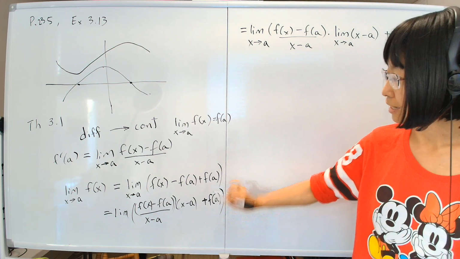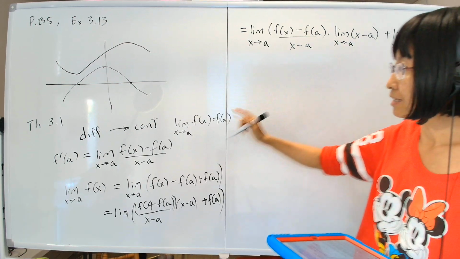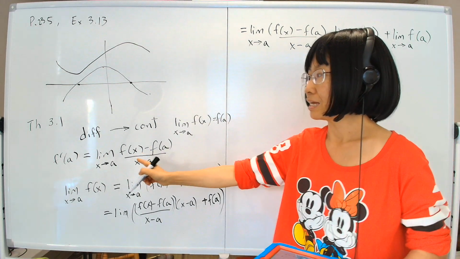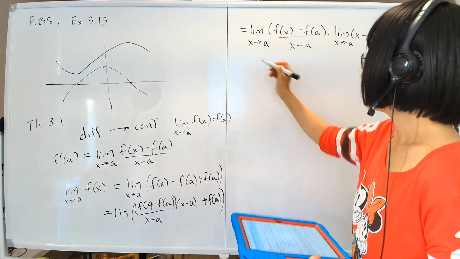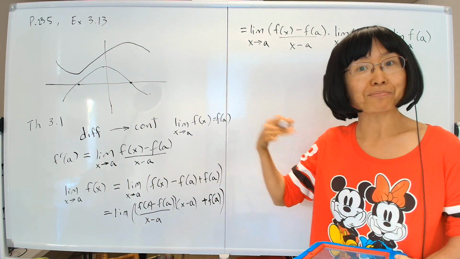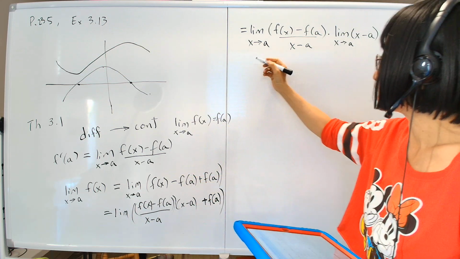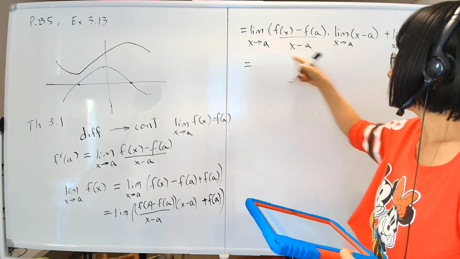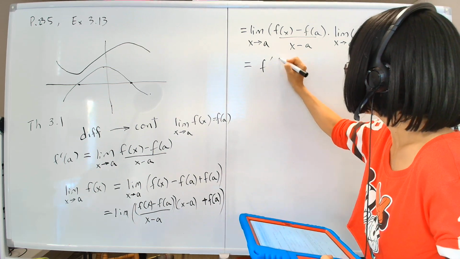So this trick enables us to come up with this thing, and this thing, as we have been given, exists and equals f prime of a. And that is where we're coming out of the water. We were diving deeper and deeper into the water and could barely breathe, but right now we're coming out of the water and can finally take a breath.